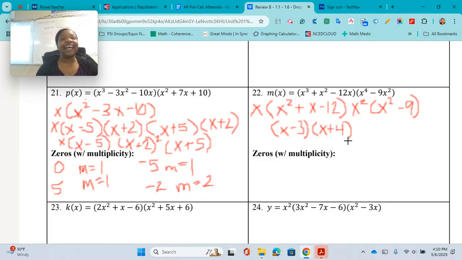All right, and the x squared minus 9, that is from the difference of squares: x minus 3, x plus 3.